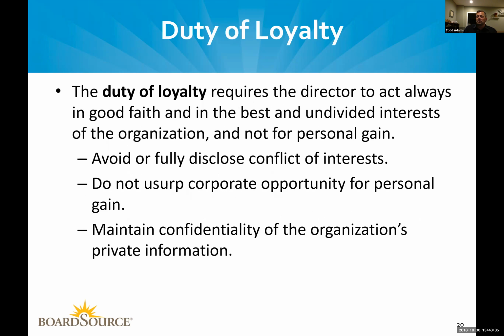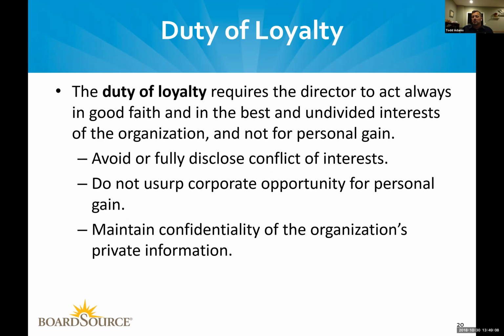Our next duty, number 2, is the duty of loyalty. This requires you as a board member or a director to act in good faith and in what is in the best and undivided interest of the organization, not for personal gain. And we had, I think, 1 or 2 who said they have a representative board, and not for what's in the best interest of those they are representing, but that duty of loyalty says I am to make an informed decision in this room based on the best interest of the organization of which I am a director.